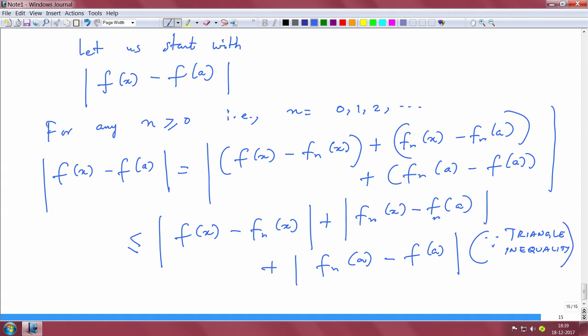But now I can bound the absolute value of f of x minus fn of x. This is basically the supremum norm of f minus fn. The same thing holds for this term as well.